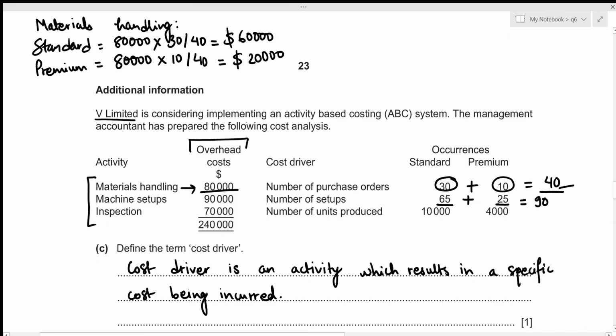Okay, now let's distribute the machine setups cost. We'll start with our standard. And we will be starting with the total machine setups cost. So that is 90,000. And what we also know is that out of 90 setups, 65 belong to standard. And since this is our basis of apportionment, we can just multiply with 65 by 90, which gives the machine setup cost for standard to be 65,000.